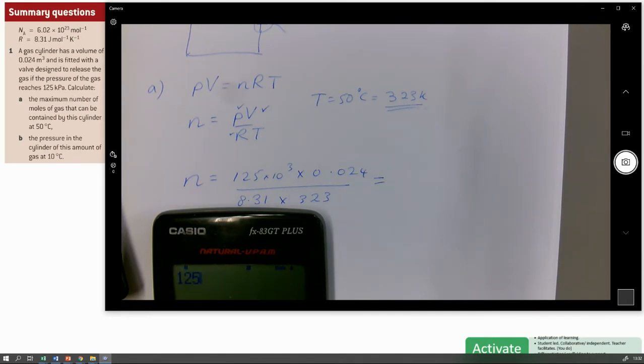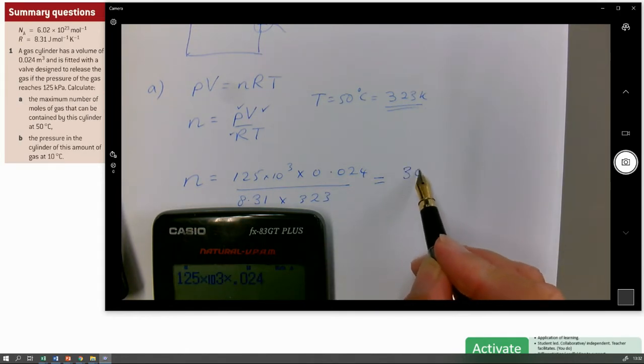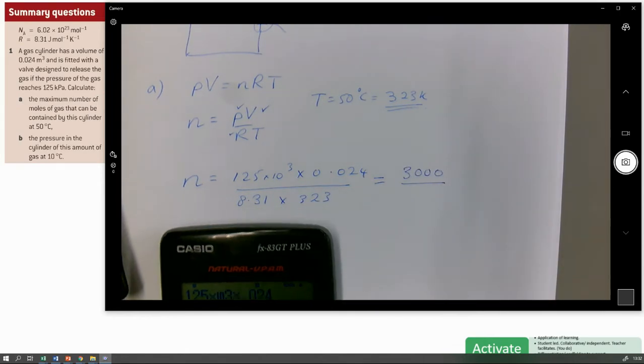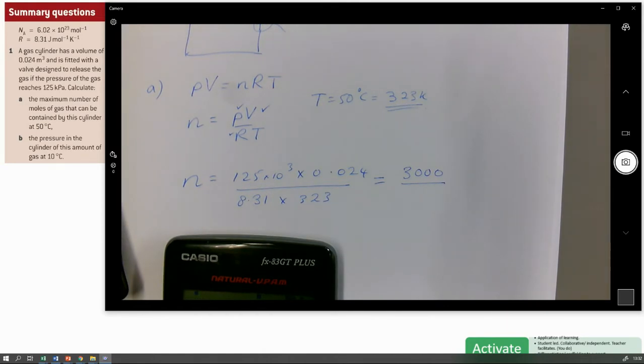I'm going to calculate the top line first. The common error that students make: if they try and do it all on their calculator at once, don't do that. It leads to mistakes. So I've done the top line, 3000. Now the bottom line: 8.31 times 323 equals 2684.13.